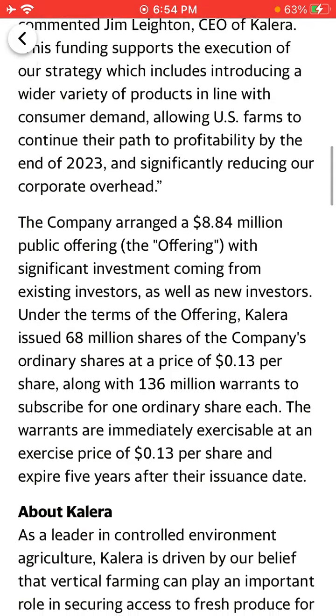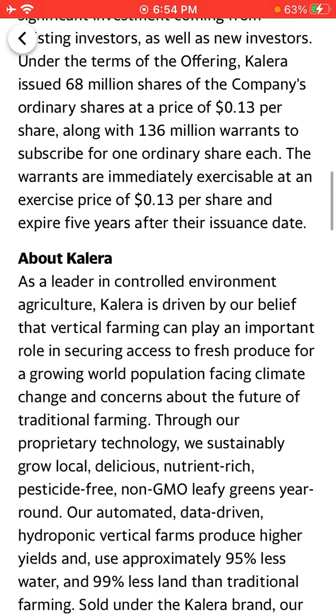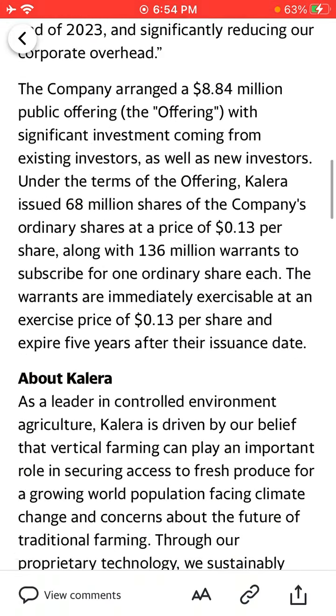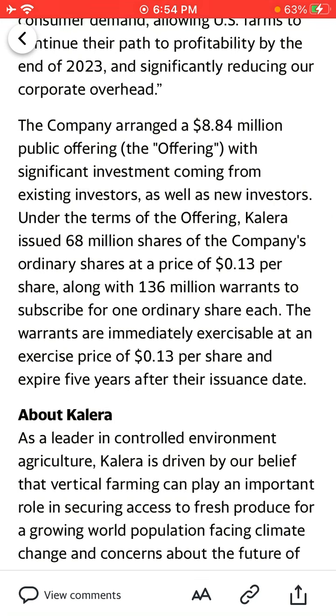And here I just wanted to show you in this sentence, it said they issued an additional 68 million shares. And so that's why the number went up. So now for this float, I would add 68 million to the number that I saw in the most recent 10Q file.